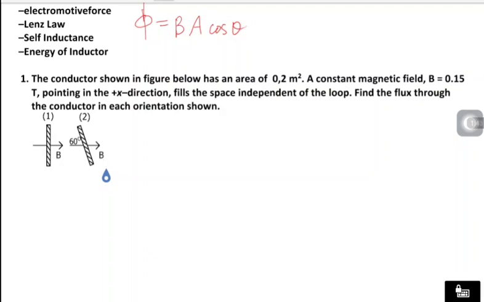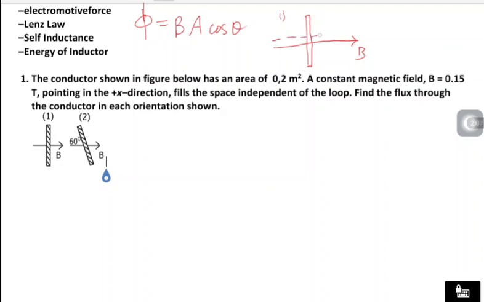if we see number 1, we see the magnetic field is perpendicular with the surface. So we first draw the normal line.